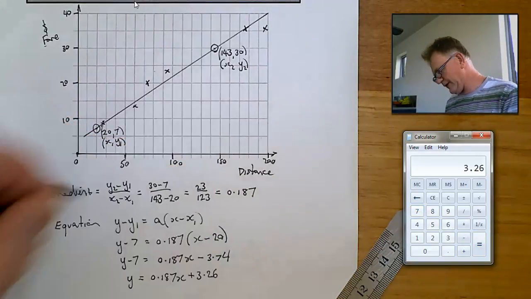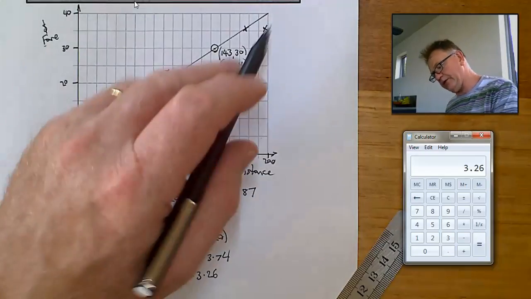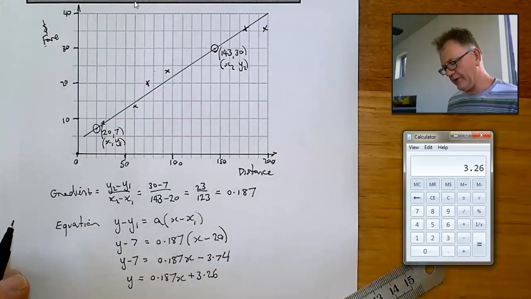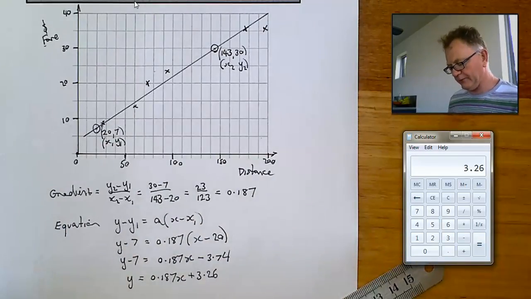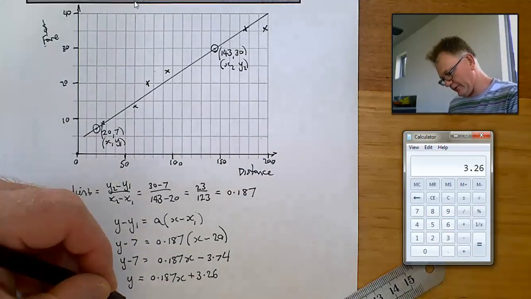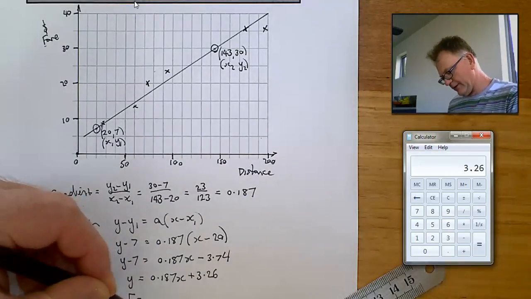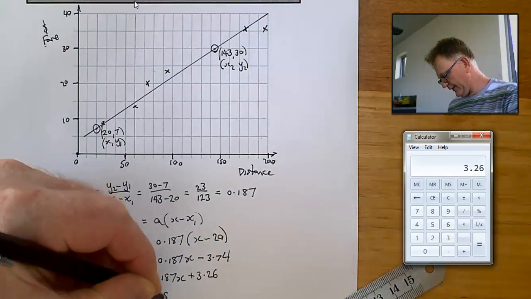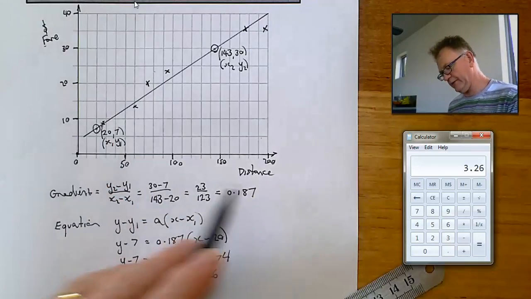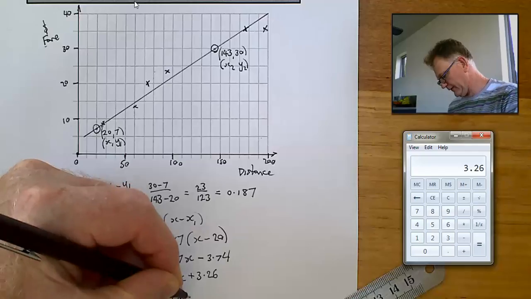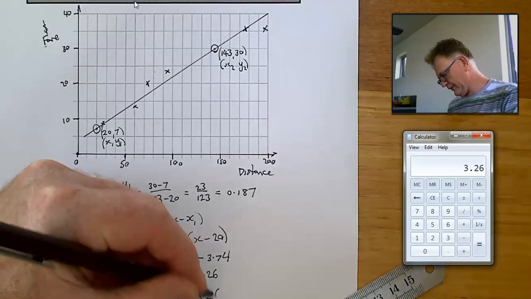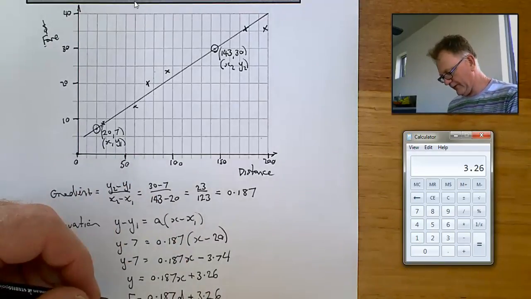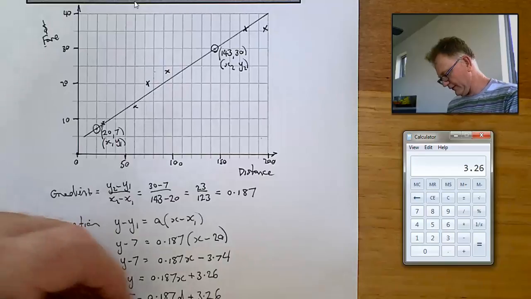That's the equation of this line, and that line describes the relationship between distance and fare. On the y-axis we had fare, so you could write like this: fare, or f for fare, equals 0.187, and on the x-axis we had distance, d for distance. This equation would represent the relationship between the two variables.